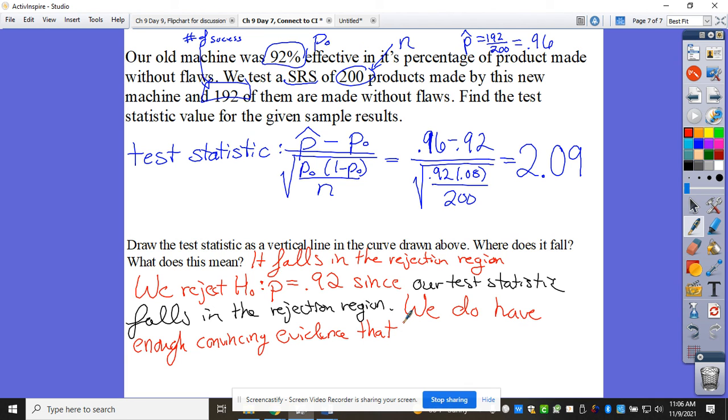At what? We didn't write it, but we know we talked about it. P is greater than 0.92. So we've just talked about today 2 different ways to get to the same conclusion, but not directly through relating p-value to alpha as we always have.